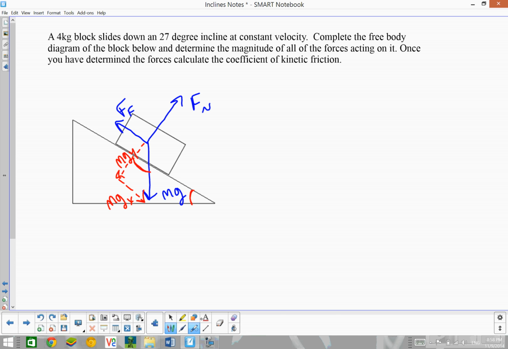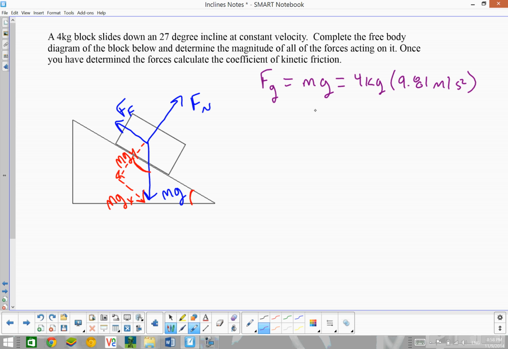Well, I need to find all of the forces. I think the easiest one to start off with is finding mg. Remember, writing it in terms of a force, that's F sub g. So F sub g is equal to mg, which is equal to 4 kilograms times 9.81 meters per second squared. Go ahead and do the calculator work.